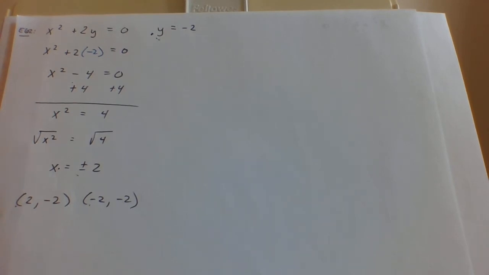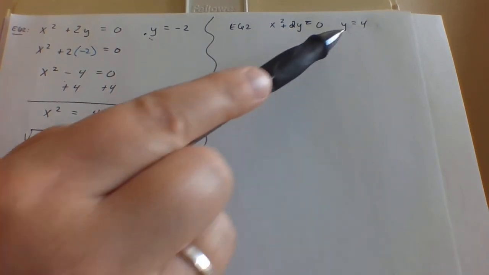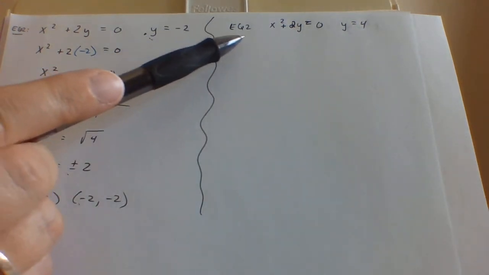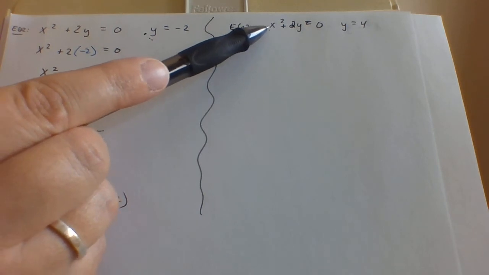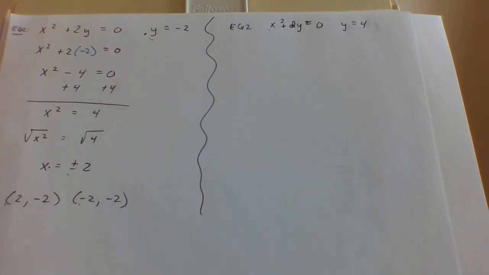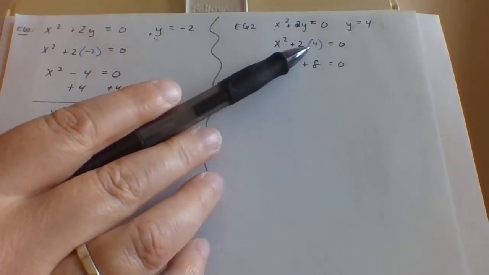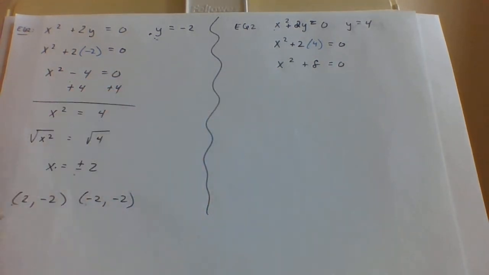Let's go ahead and check our other y value that we got. Remember that we also had a y value of positive 4 when we first solved that system of equations. I'm also going to be checking that in my equation number 2 so that I can solve it for x. When I plug in my value of 4, I end up with an equation that says x squared plus 8 equals 0.